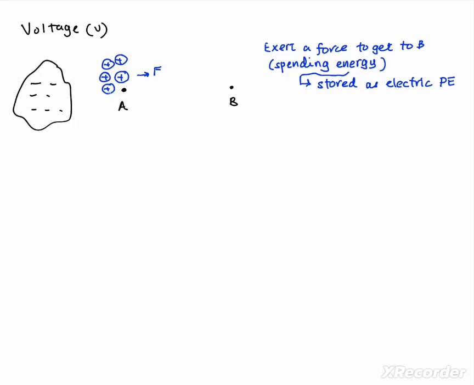So let's say all these particles are now here. The 6 particles are now at P. So we have a difference in potential energy. Remember earlier we said we are going from a low potential energy to a higher potential energy.